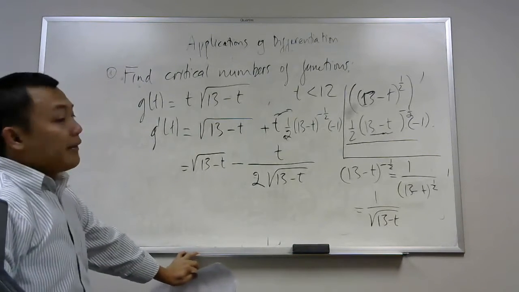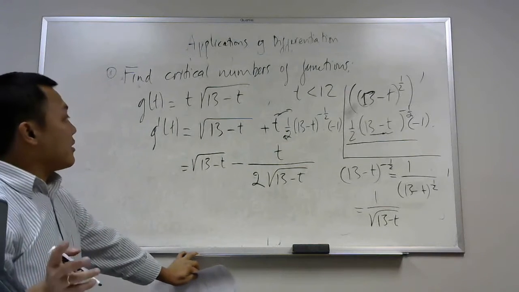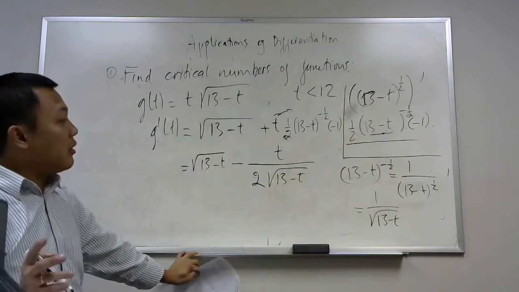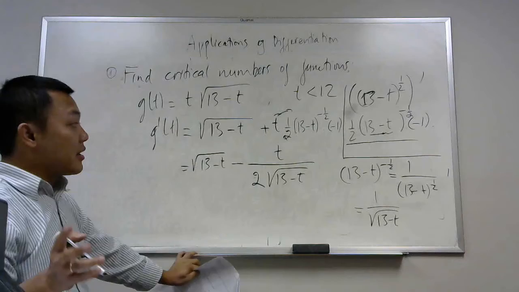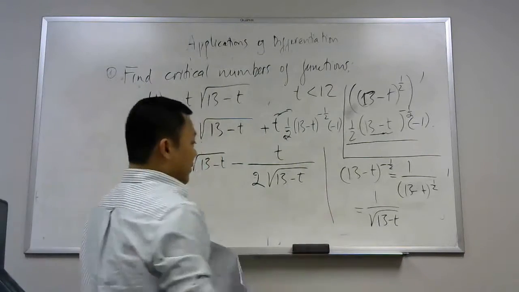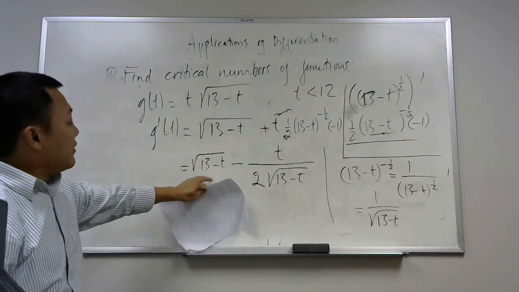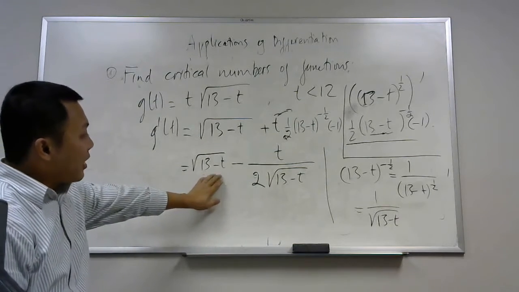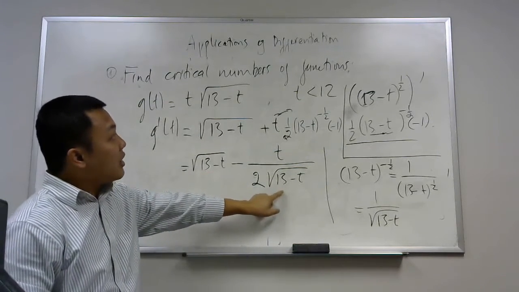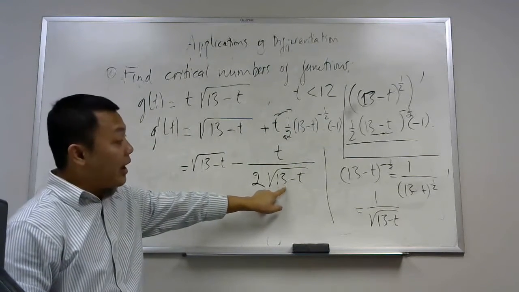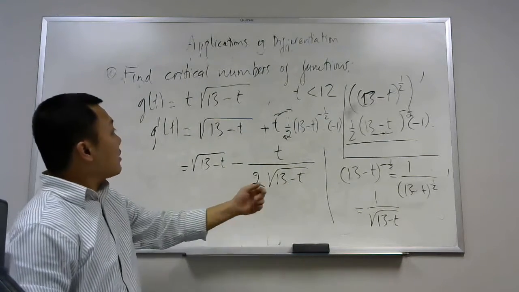And now we have to consider two cases. The first case, the derivative equal to 0, and the second case, the derivative does not exist. Probably the second case is obvious, because you see this function is okay, but this function is not defined at 13. Oh my goodness, I forgot.